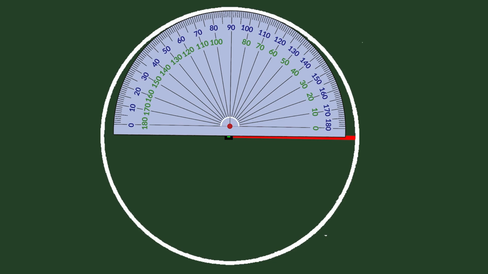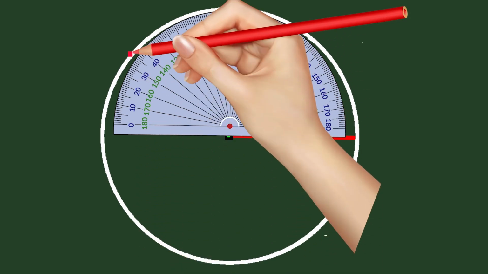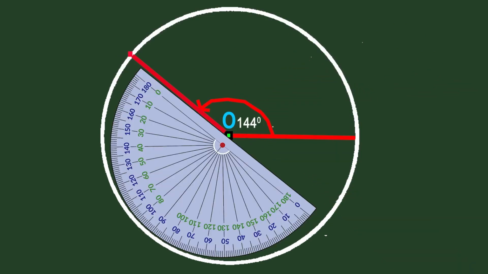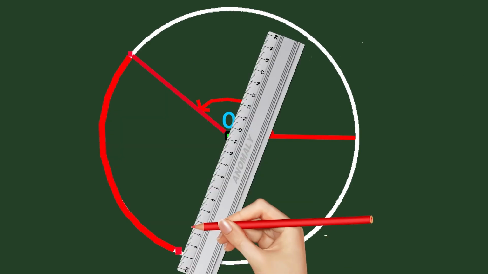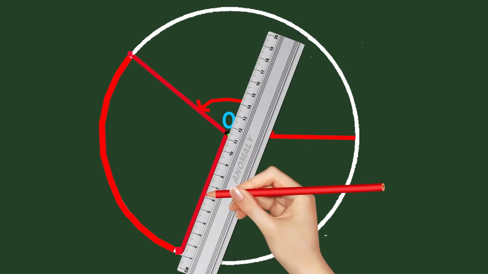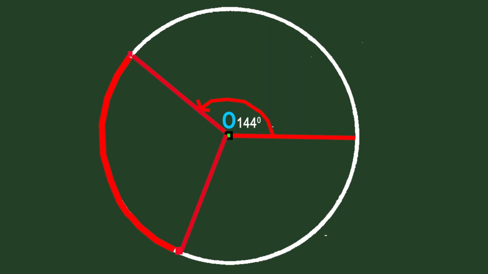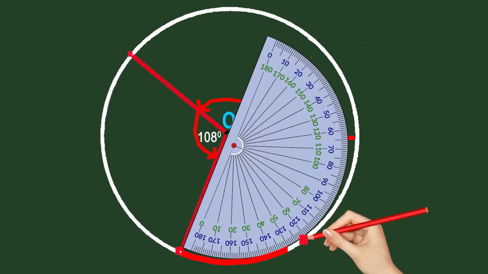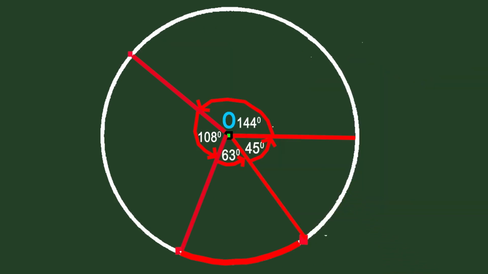Then mark the first angle, that is 144 degree, and join this line. Number 3. Now let us keep protractor on second radius. Now mark at 108 degree. Join the center point O and that by segment. Number 4. Let us keep the protractor on this radius and join the line at 63 degree angle. Number 5. Students, remaining angle is of measure 45 degree.